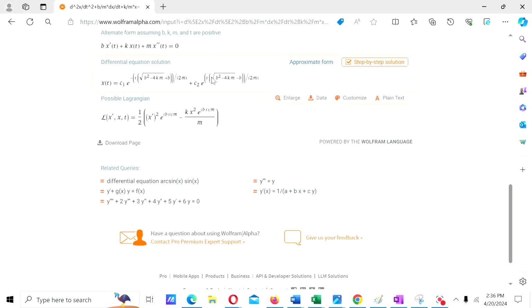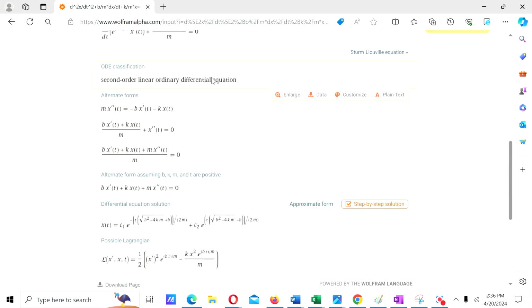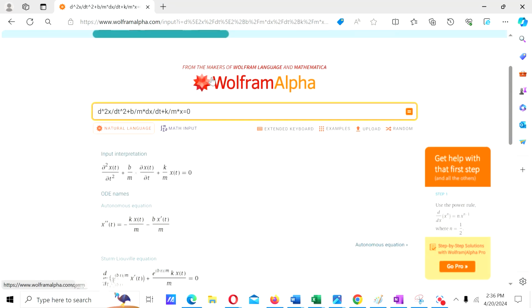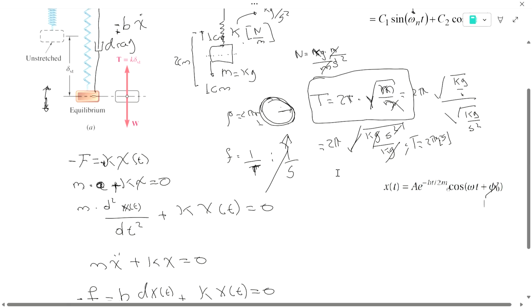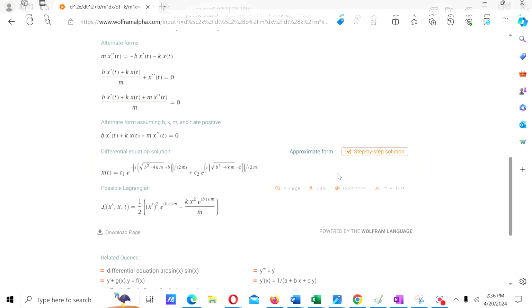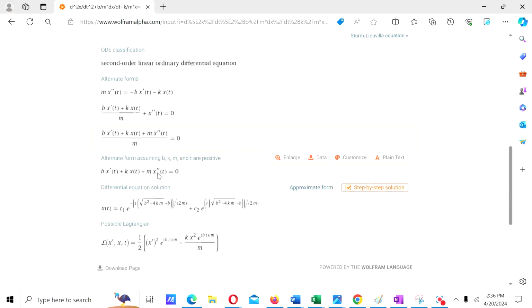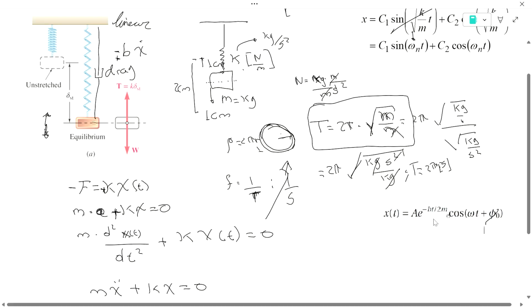So you can choose what route to take. Depending on what book you use, it will actually tell you. It's because one is based on the homogeneous solution and one is based on the general solution. So this is for the homogeneous solution, which is equal to 0, and this is for the general solution.